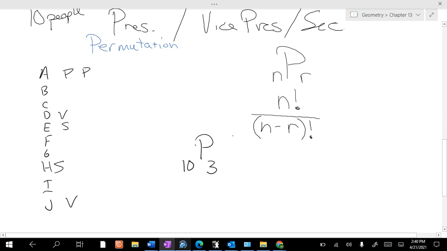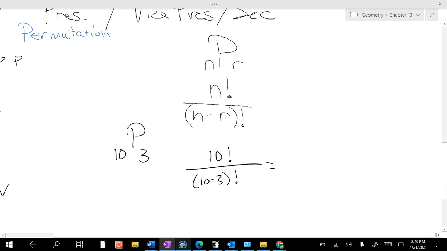So, n is the first number, so you go 10 factorial over 10 minus 3 factorial. 10 factorial is 10 times 9 times 8 times 7 times 6 times 5 times 4 times 3 times 2 times 1. Woofda! That's a lot of pressing buttons on your calculator, isn't it? And then 10 minus 3 is 7. So 7 factorial is 7 times 6 times 5 times 4 times 3 times 2 times 1. Well, guess what?